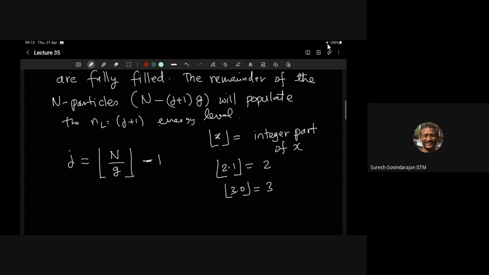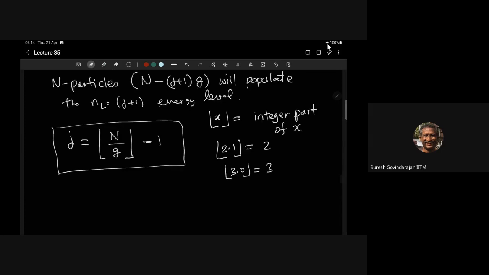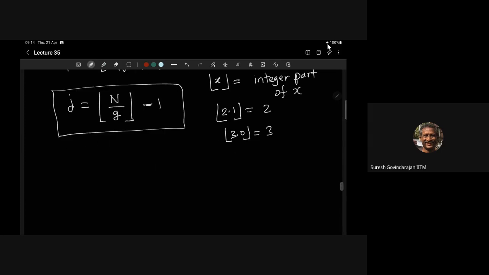So this formula works. In particular, there will be some inequalities which I can write. So let us define some things.